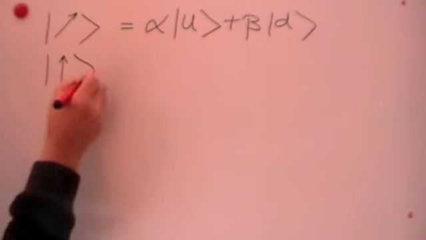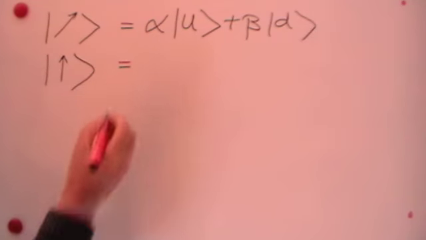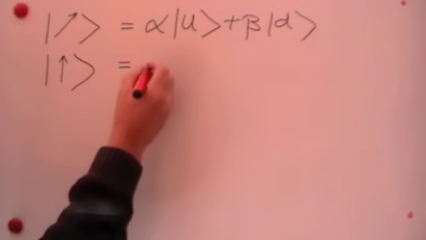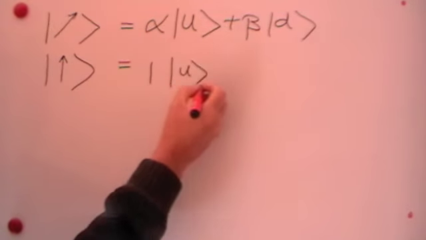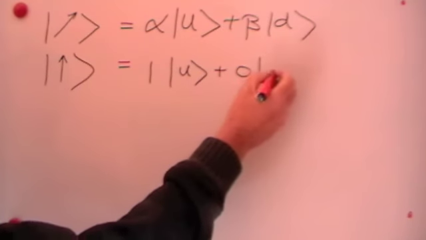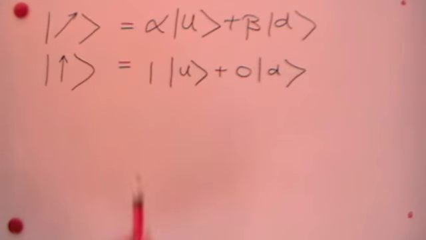For example, we know that if we prepare the electron such that it is completely spin up in the z direction and we measure it in the z direction, 100% will come out measured as up. So therefore we can say we know the spin state of this. It's simply going to be 1 up plus 0 down, because the probability of getting an up is 100%. 1 squared is 1.